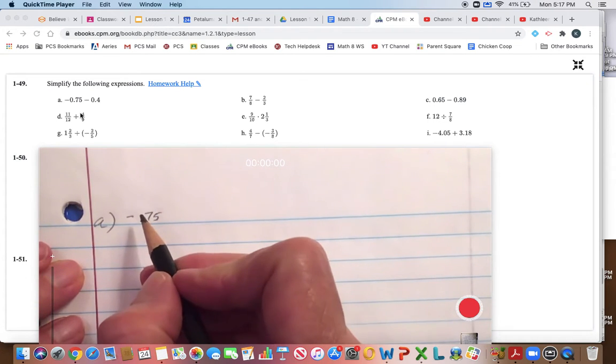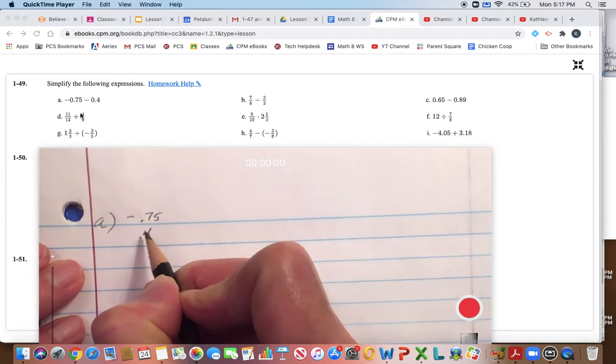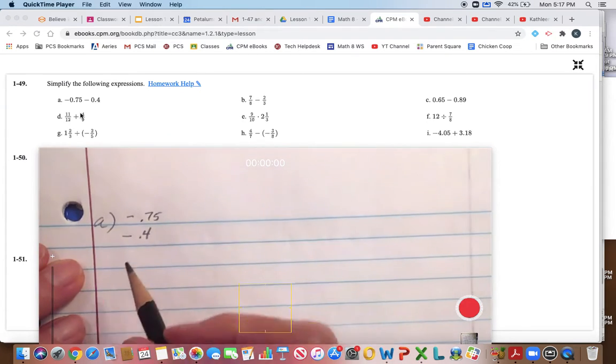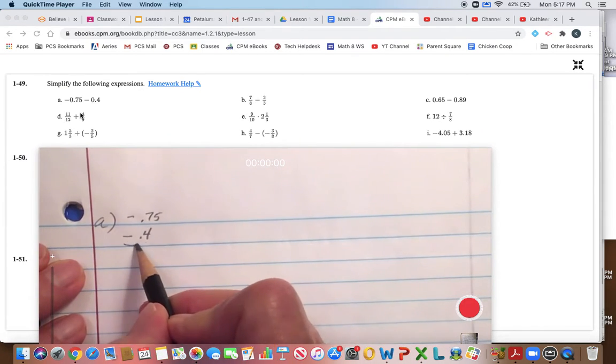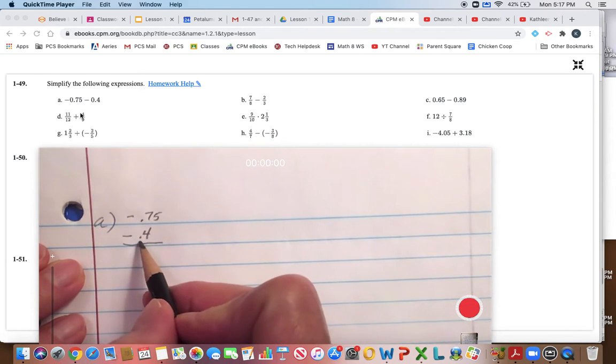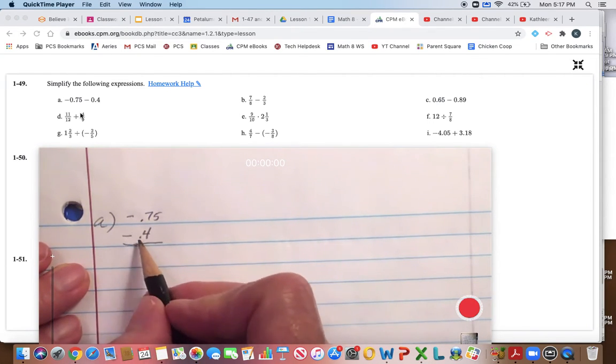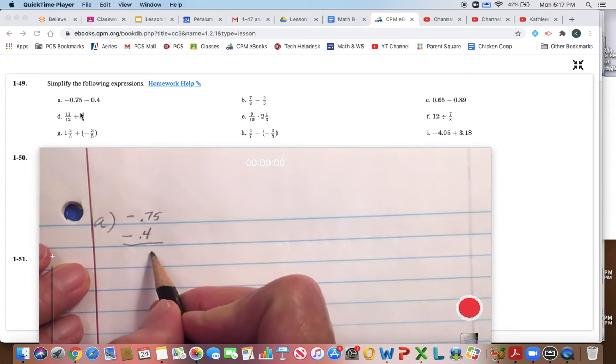So 0.75 is the first one, and the next one is 0.4. And it's a negative 0.75 and a negative 0.4. So I am going to combine these because they're both negative numbers.